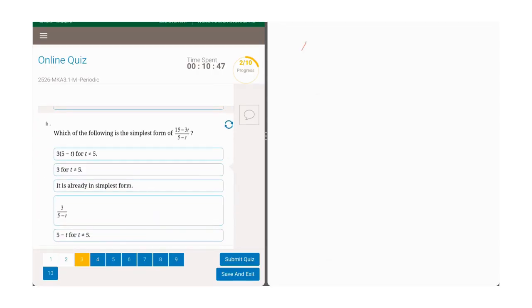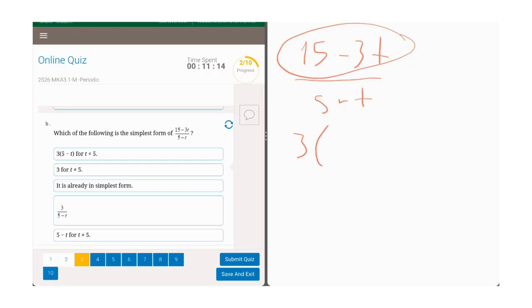What is the simplest form of 15 minus 3t over 5 minus t? Here both the numerator and denominator have a constant minus a variable, so in the numerator we can simplify this. We can simplify by 3: divide 15 by 3, you get 5, divide minus 3t by 3, you get minus t, over 5 minus t.